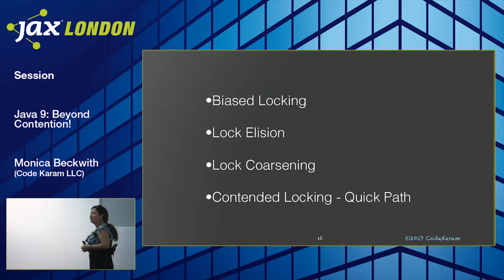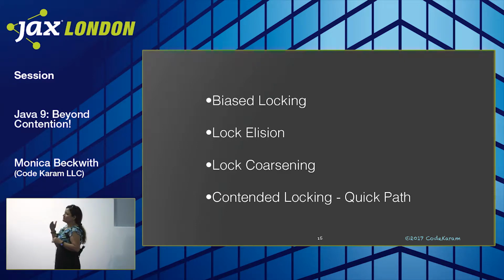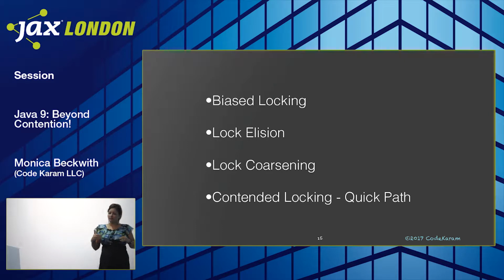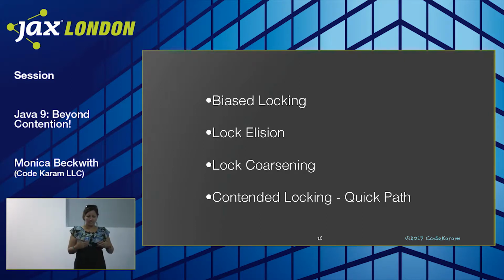Lock coarsening is when you have a bunch of synchronized statements for the same object, and the same thread needs to acquire it. Why not just coarsen the lock so that you only obtain it the first time, and then you don't need it for the next few synchronized statements? So you don't even need compare and swap if it was uncontended.